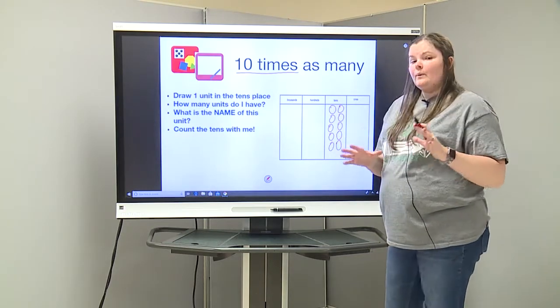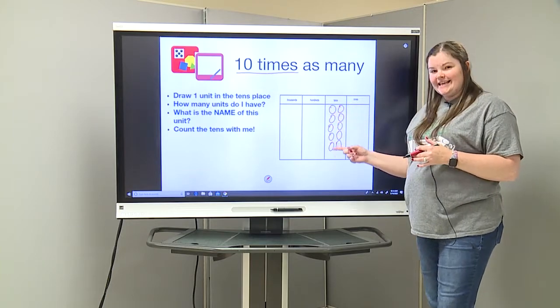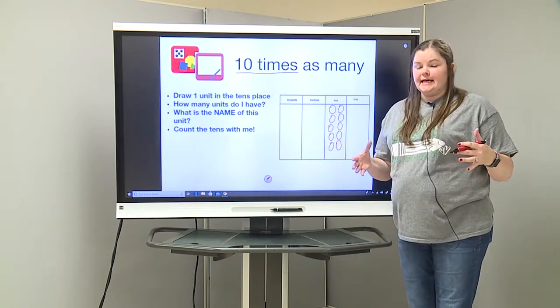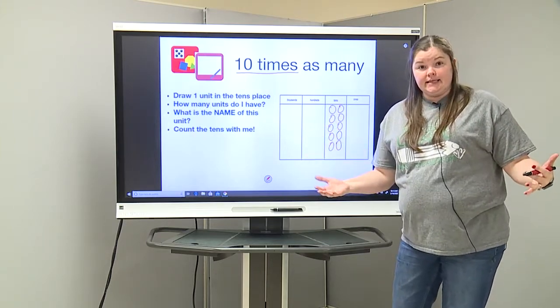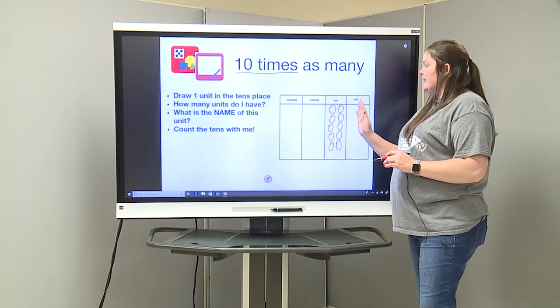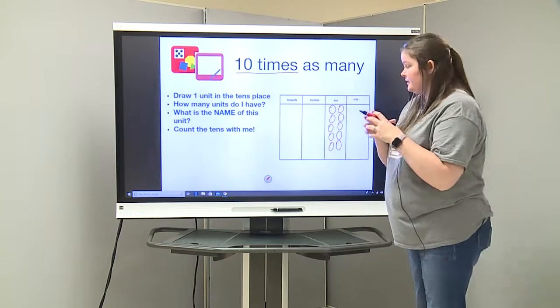Now let's look at what we have before we can move on. You notice that I have 10 tens. And we don't typically walk around and say, oh, I have 10 tens in my pocket. We don't say that. We could change that and say that I have 1 of a bigger number. So let's look at that.